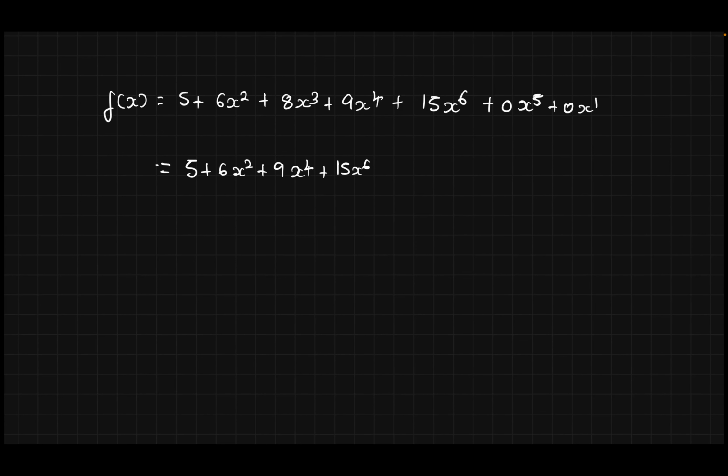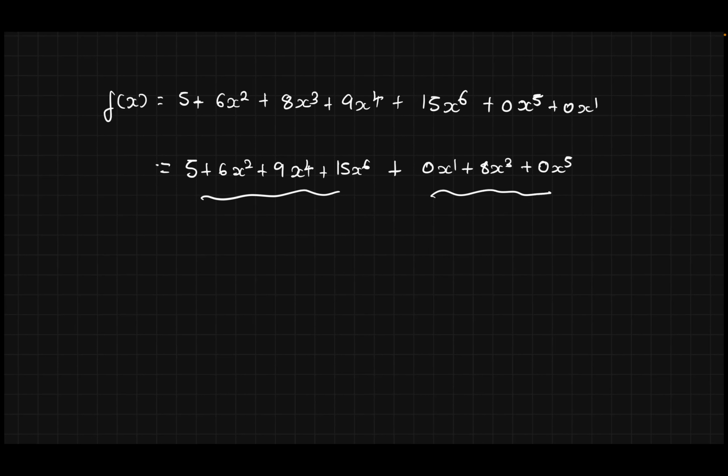Does it make sense? So this is an even function in the sense that if you pass a and you pass minus a, it will always give you the same output. Then you now do plus the odd side, which is x cubed plus 0x5.